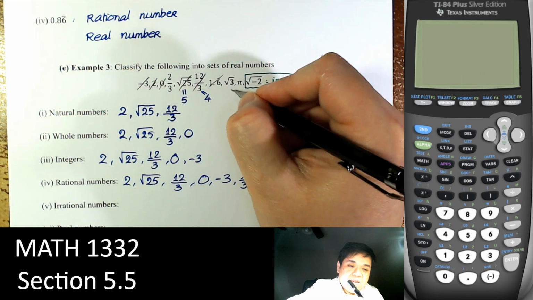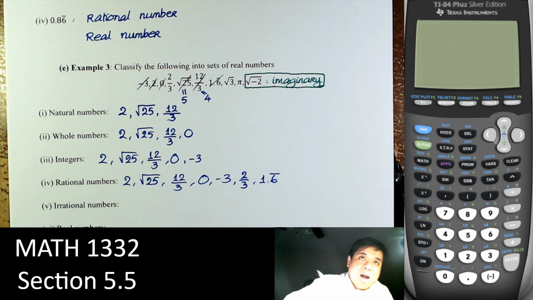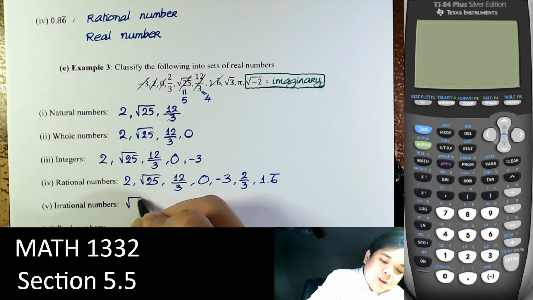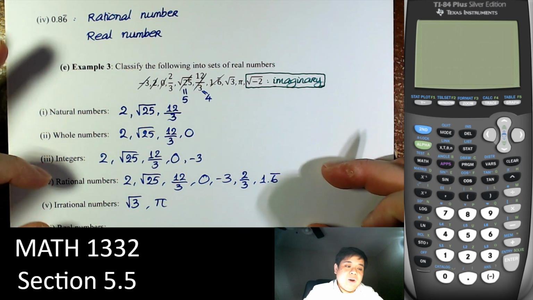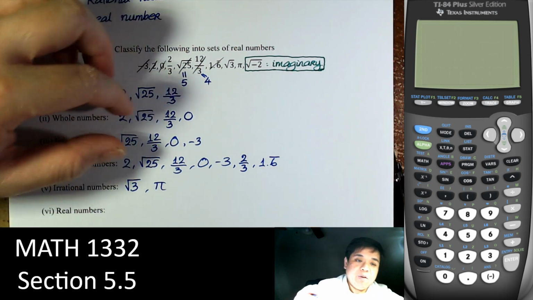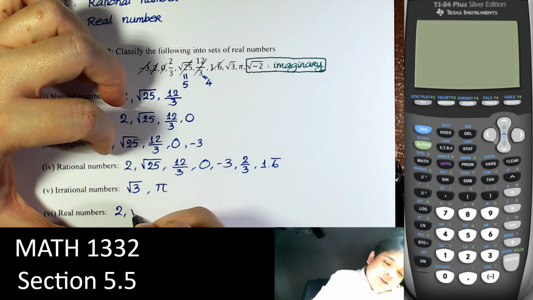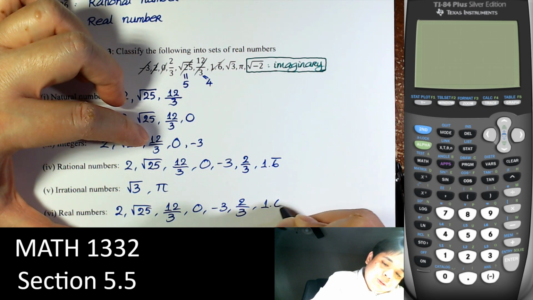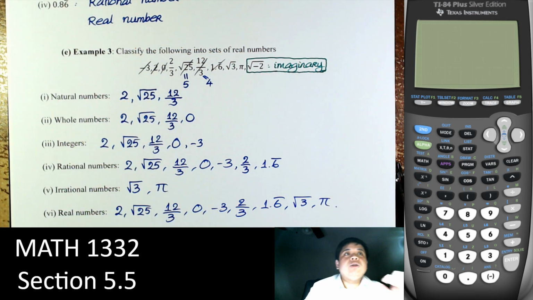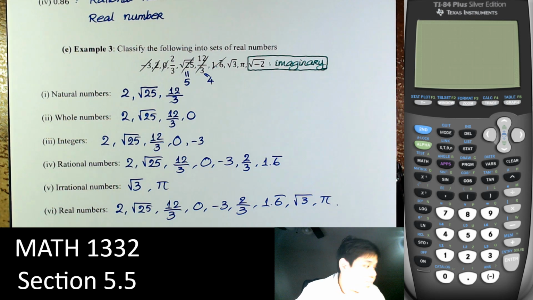Of course, what's left are those two, which are irrational numbers. And then put all of that together, rational numbers and irrational numbers, we have real numbers. We're just going to write down everything. Right, so that's what we have.